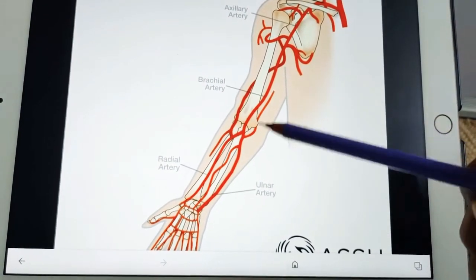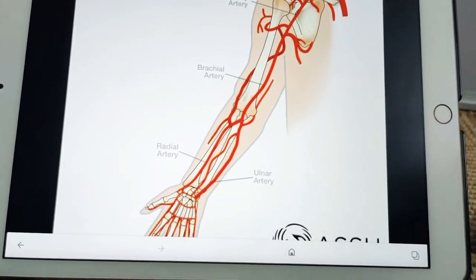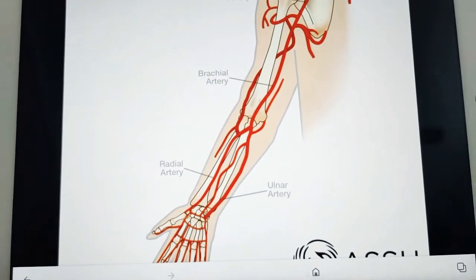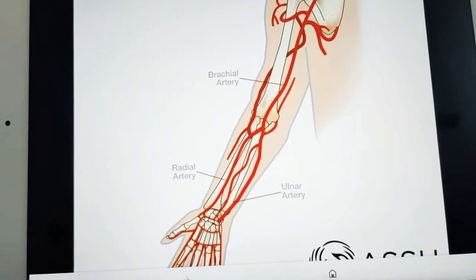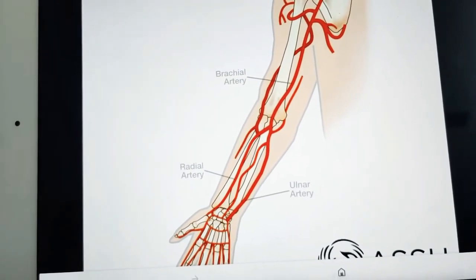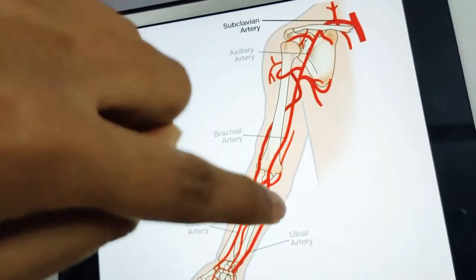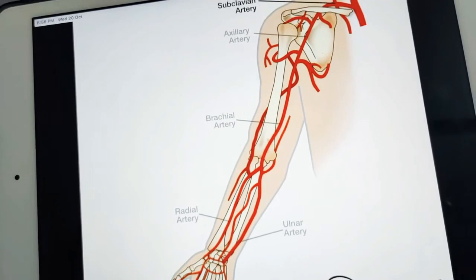Posteriorly, it is related, of course, to the triceps brachii, the radial nerve and the profunda brachii artery. Always remember the radial nerve is on the backside and the profunda brachii artery is the artery of the posterior compartment of the arm. Next, medially, especially in the upper part, it is related to the ulnar nerve.